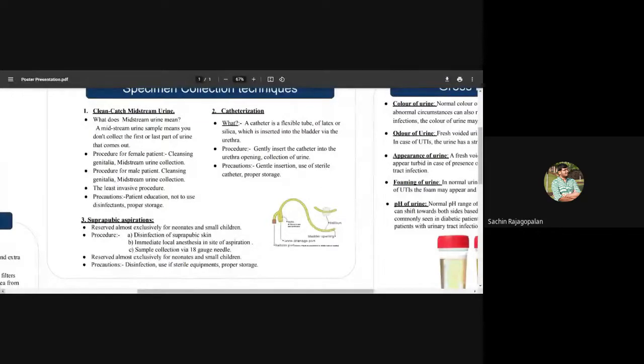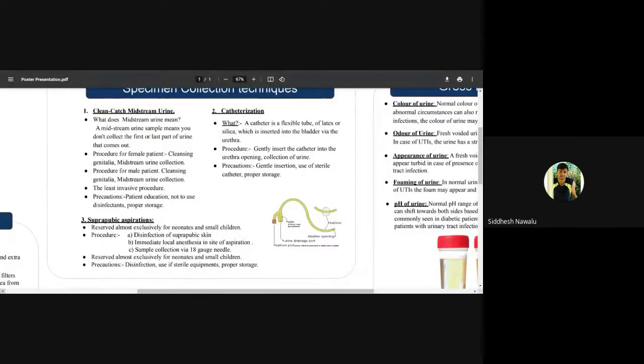Is there any other situation where you will have to go for suprapubic aspiration? If the patient can't control their urine, like they've lost their sphincter function somehow, like they're completely bedridden, in that case suprapubic aspiration is preferred.